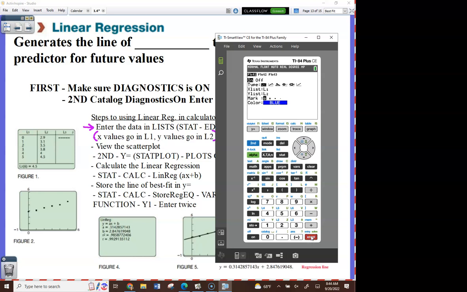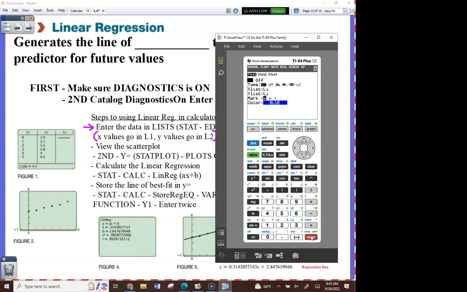Then you'll see some extra stuff that it's asking. You don't have to change any of that. This just means, do you want it a dot plot? Do you want it to be like a line? Do you want a bar graph? Do you want a box and whisker? All that. This will default to L1 and L2. You should not have to change that ever. This is how do you want the dots. This is what color do you want it. It's all the extra stuff.